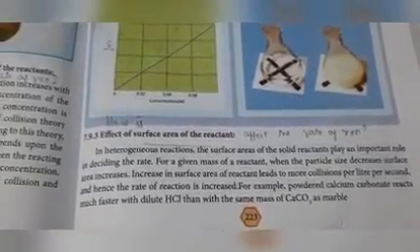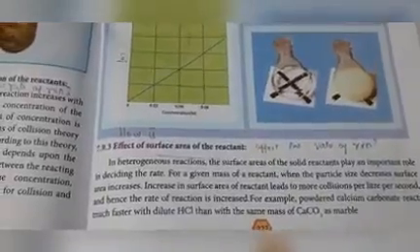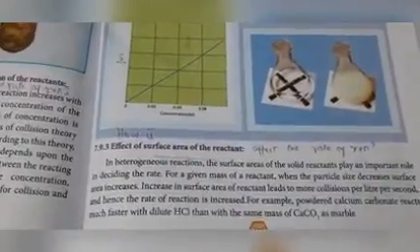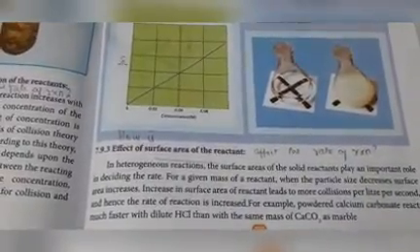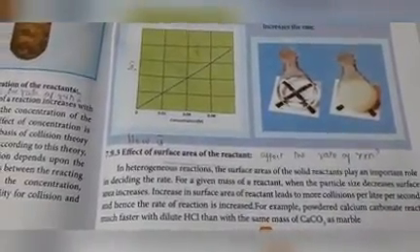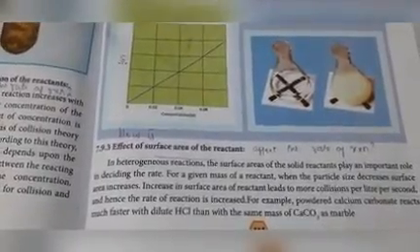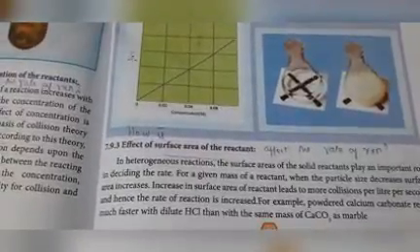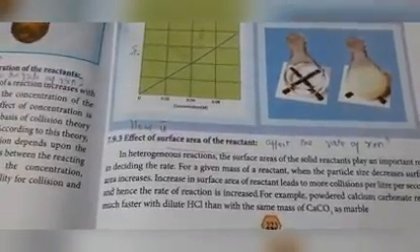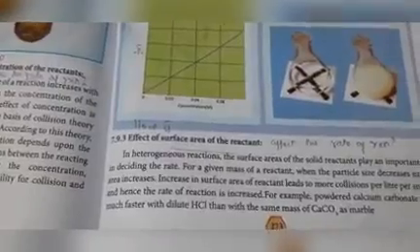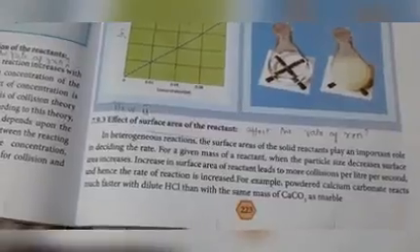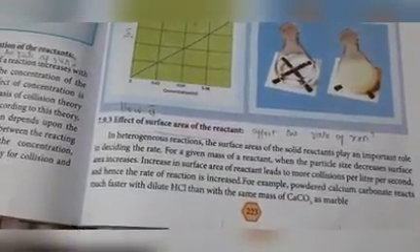Just assume 1 kg of solid as a sphere. That is the first category. In the second category, the same 1 kg mass of solid is taken in powder form. So, in the second category, in powder form, the particle size is smaller.